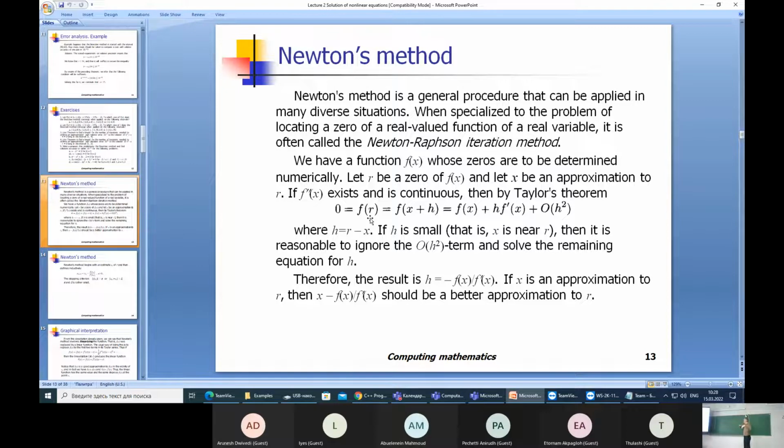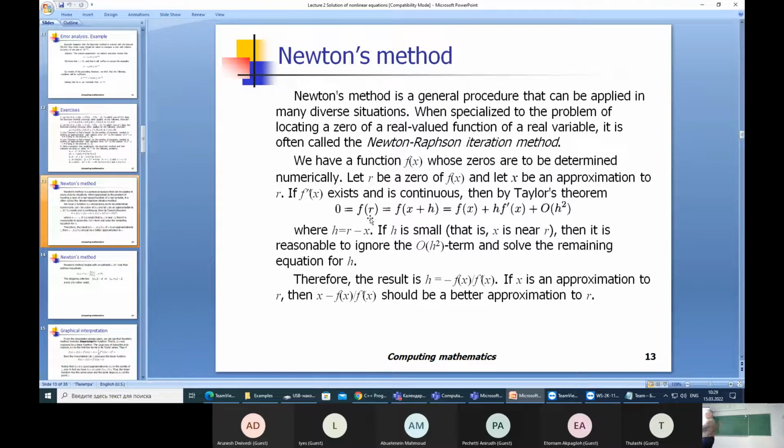This term includes h power 1. And all of these terms, here it's infinitely many terms. It includes h power 2, h power 3, h power 4, and so on. And all of these terms can be denoted as O(h squared). The terms that include h squared and greater.